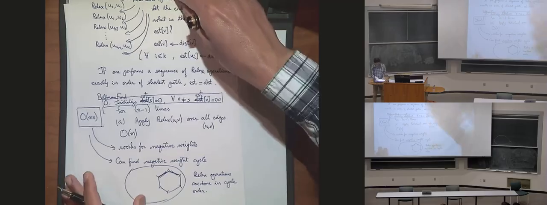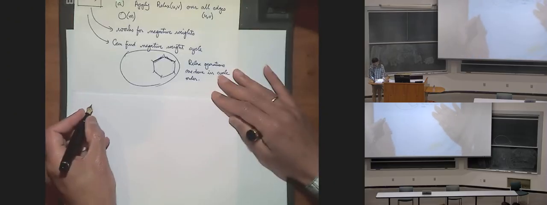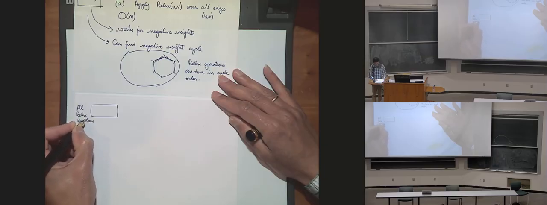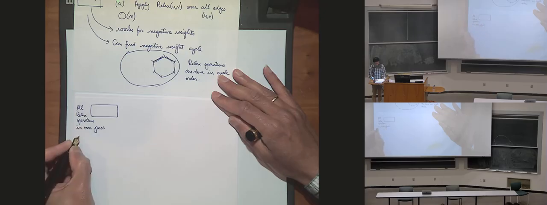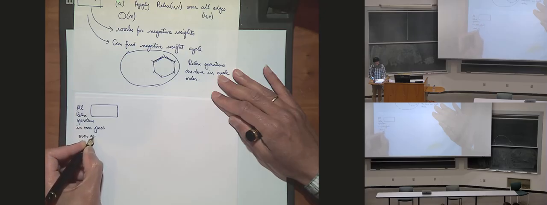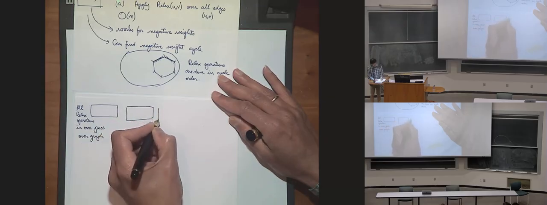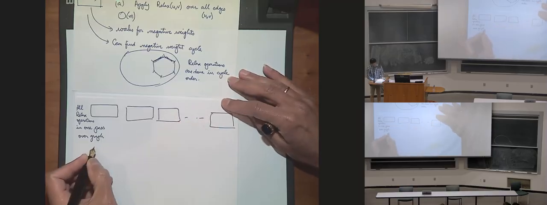So I'll just draw one more picture to make this clear. Let's just say, all relax operations in one pass over the graph. Then you do it again. You do it again.